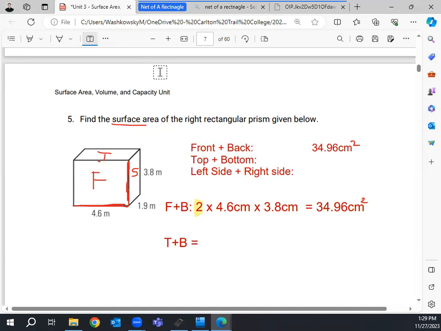Just take your ruler and find this one, go down and turn it. Eventually you're going to land on it. I know this line is 4.6. I have the width of it. Now I just need the length of it. Same thing, if you're ever unsure, you just rotate it. It's going to be 1.9. So it's 1.9 times 4.6.